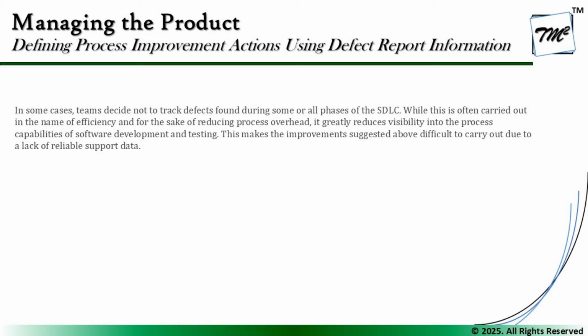While this is often carried out in the name of efficiency and for the sake of reducing the process overhead, it greatly reduces visibility into the process capability of the software development and testing. And this also makes the improvement suggestions above difficult to carry out due to a lack of reliable supporting data.